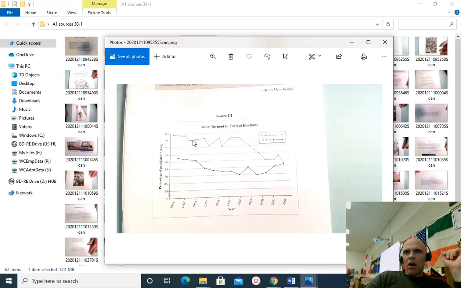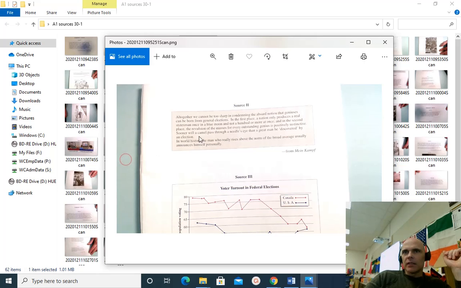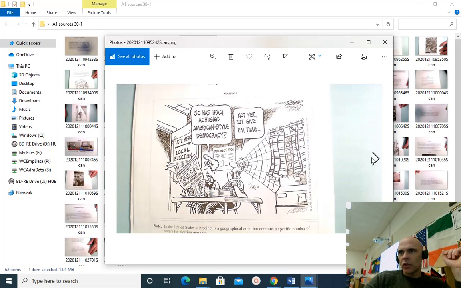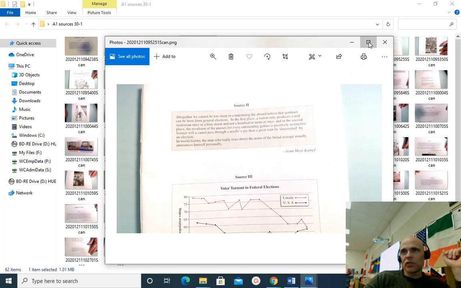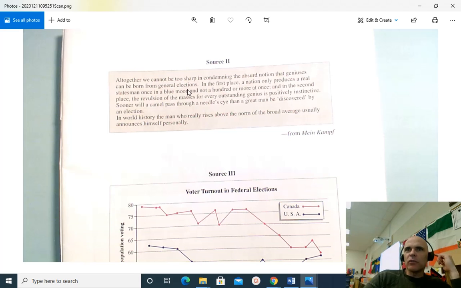Source 3 would say democracy is flawed because we're seeing apathy in elections. That at times less than half of the people, or close to half of the people, are voting in America. So one of the flaws of democracy is apathy. The second source is suggesting that democracy is flawed because the people that vote will be revulsed by outstanding genius.